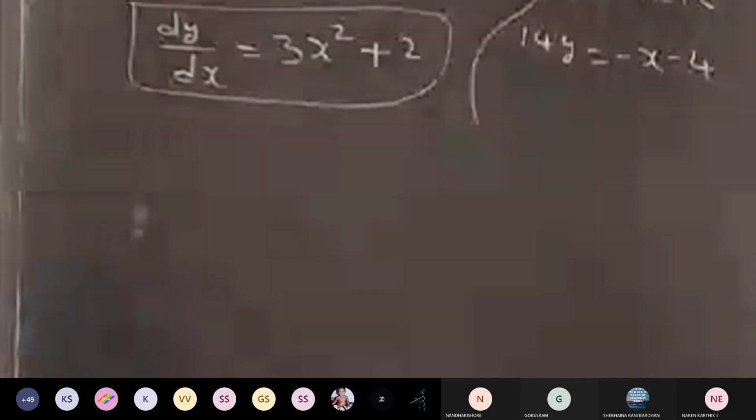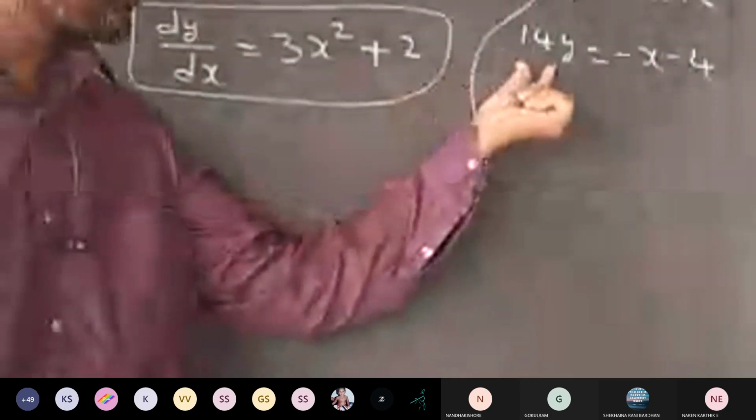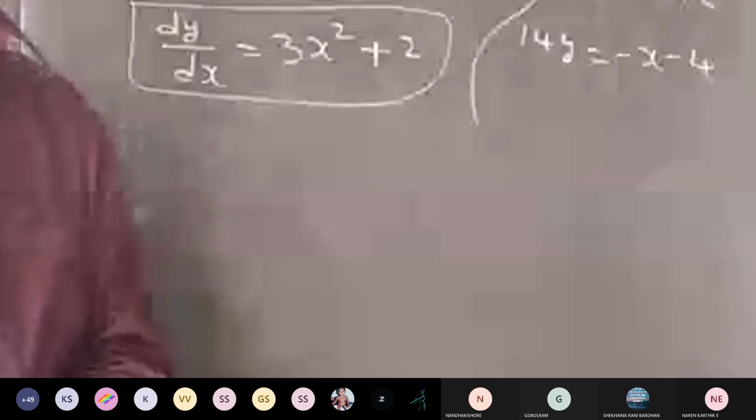So now here I am writing 14y = -x - 4, on the RHS side. Dividing both sides by 14, y = -(1/14)x - 4/14.